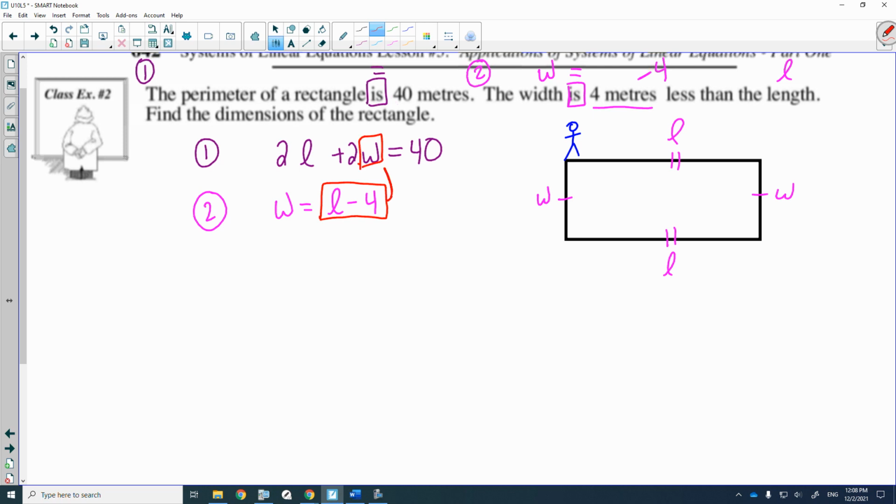So take out the width from the first system and put in L minus 4. Take a minute, expand this, put your like terms together, see if you could solve for L.